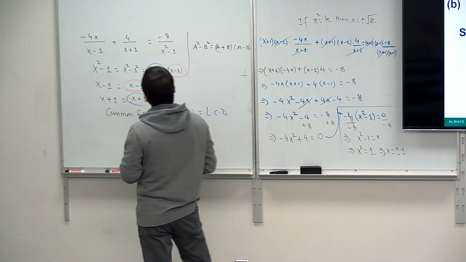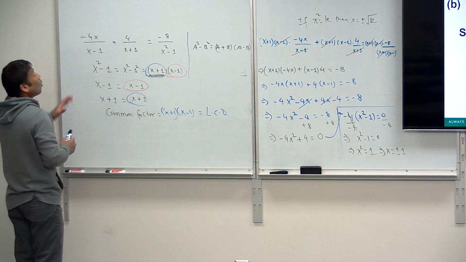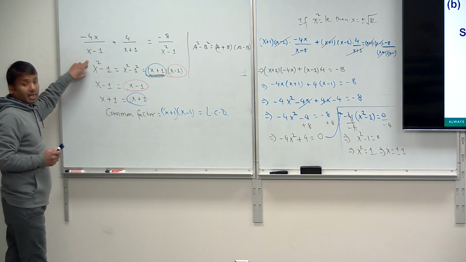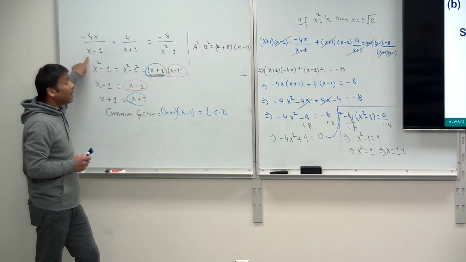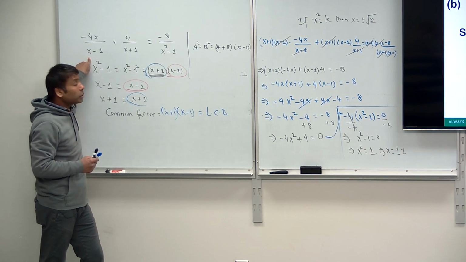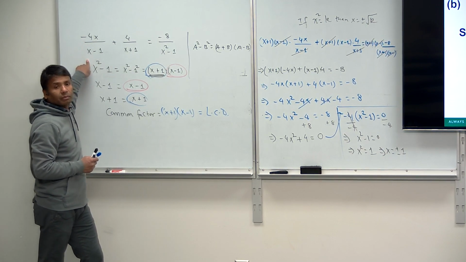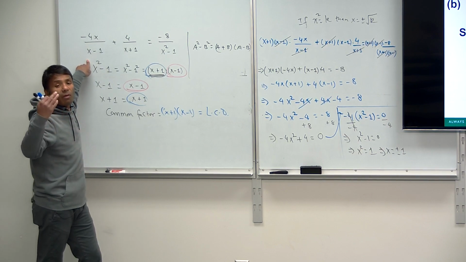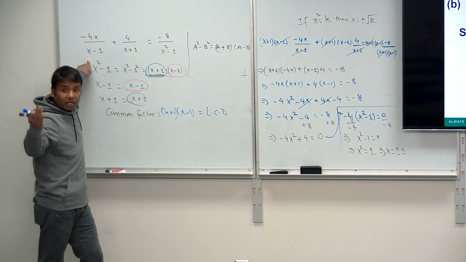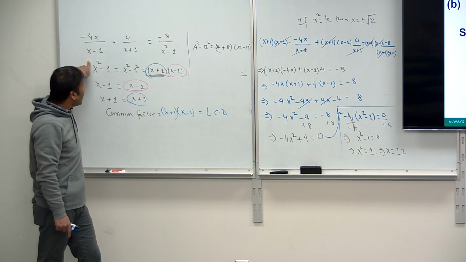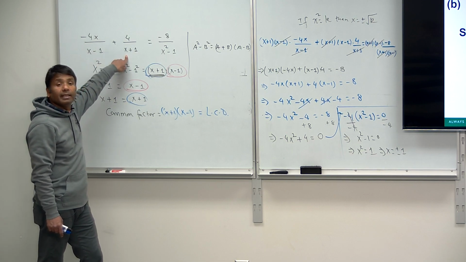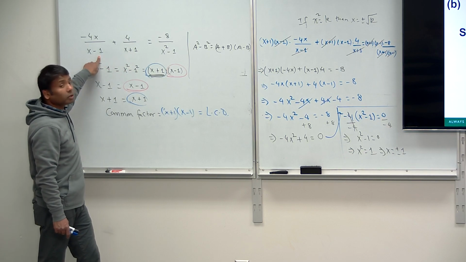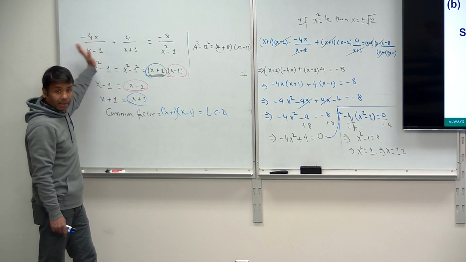Now, if you look at the denominator, what value of x cannot be the solution to this equation? Or what value of x makes the denominator 0? 1. If you plug in 1, it will be 0. So something over 0 is undefined, right?